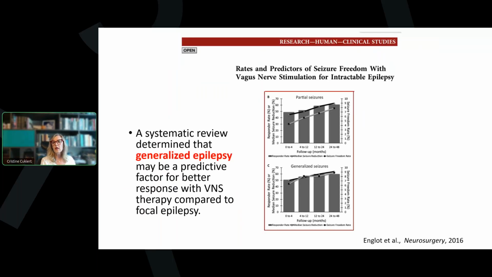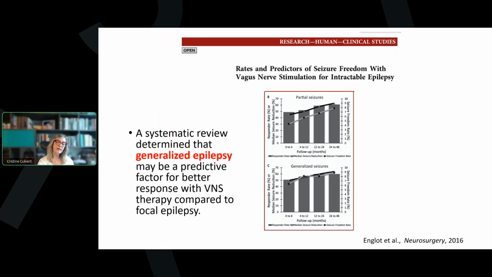And this is another interesting thing that we can see in our patients: a better response to VNS with generalized epilepsy. We have many of our Lennox-Gastaut kids who go to VNS and have improvement not only for absence and myoclonic, but also tonic-clonic seizures.